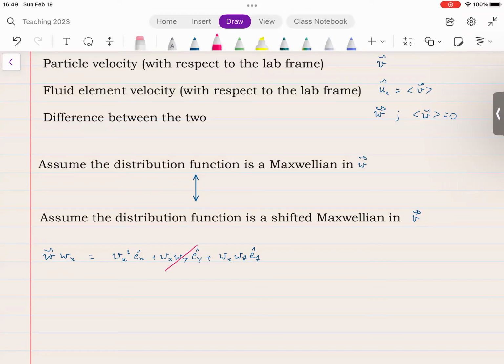And these two integrate to 0. And the reason why they integrate to 0 is that they are odd functions integrated over an even integral. In conclusion, we only have one term left, which is the first one.